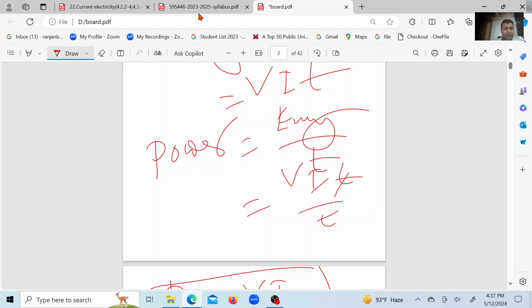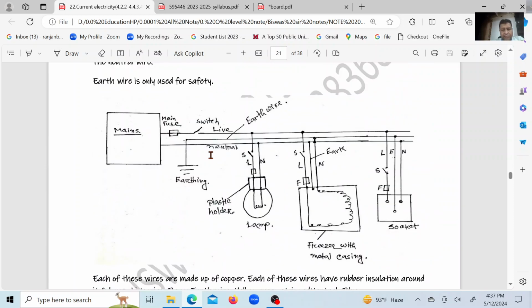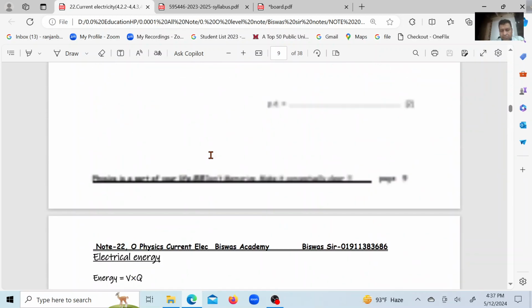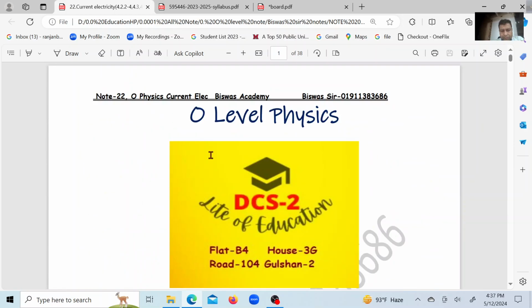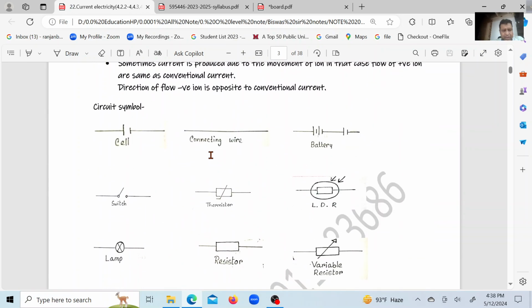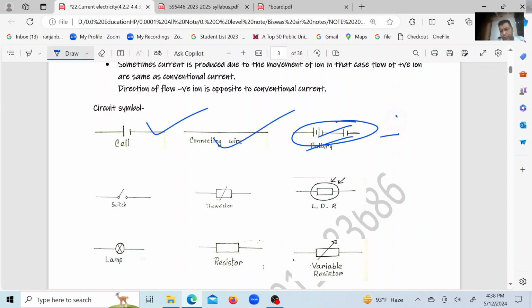Now you have to learn different circuit symbols. These are some of them. Cell connecting leads is not the proper notation; the proper notation is this.